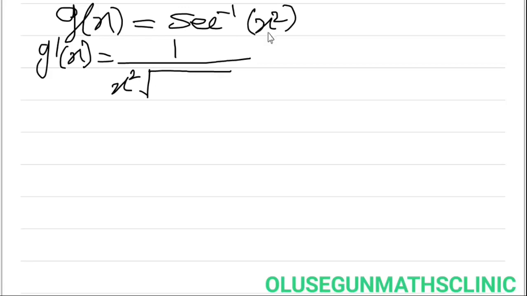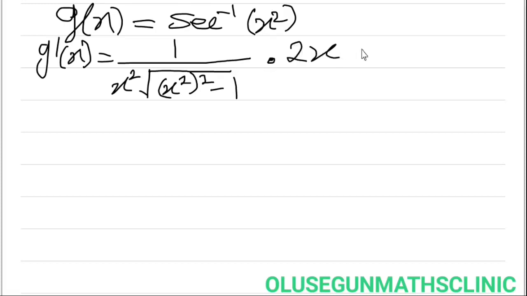The value here is not x, so you now put x squared. Now dot the derivative of the inner gives us 2x. That's all, I just want to explain.